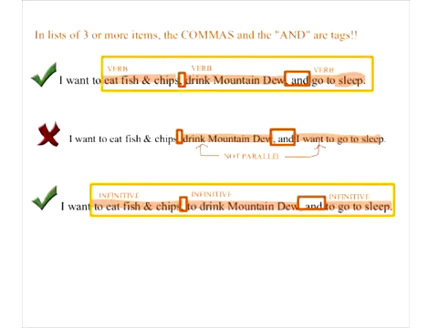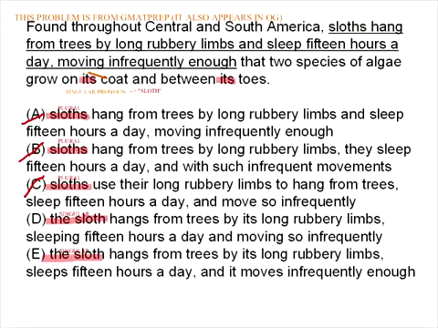So as we said on this slide, the commas and the and are tags. So same as here, this E at least tries to have a list of 3 parallel items. So comma and is a tag. This comma is a tag.